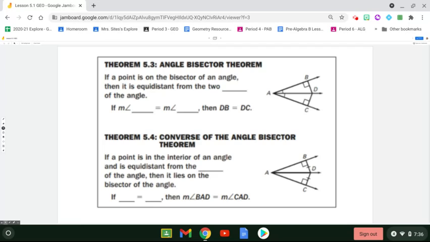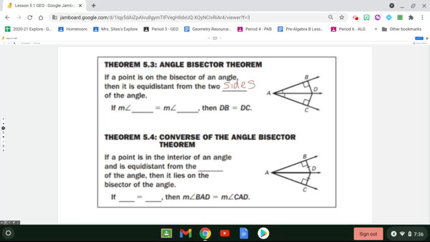Okay, and if you take a look at Theorem 5.3, Theorem 5.3 is all about angle bisectors, and it states, if a point is on a bisector of an angle, then it is equidistant from the two sides of the angle.